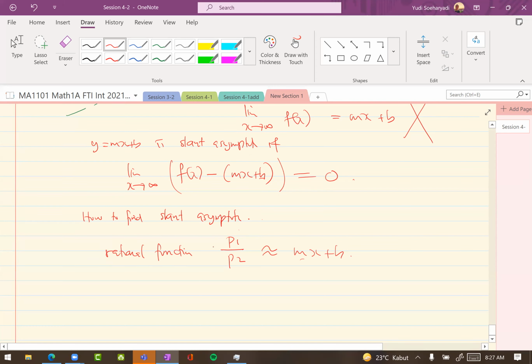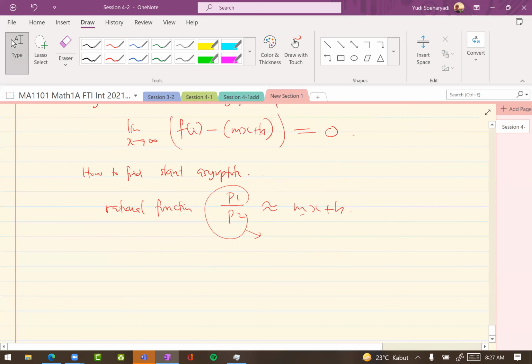So the order of P1 minus the order of P2 must be 1. That's the only thing possible.